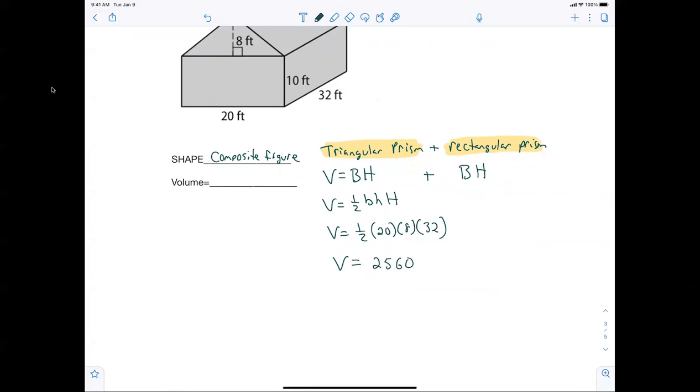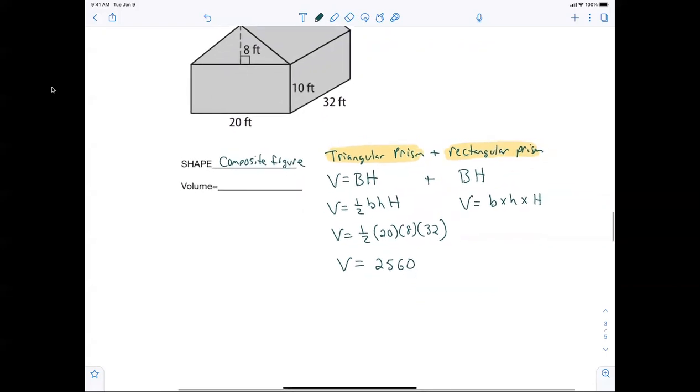Hello, people? You got the calculators. All right. Now, volume equals base times height times height. So what's the base and height of the rectangle? And then you would multiply that by what?